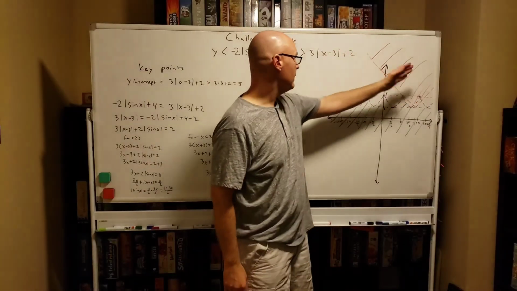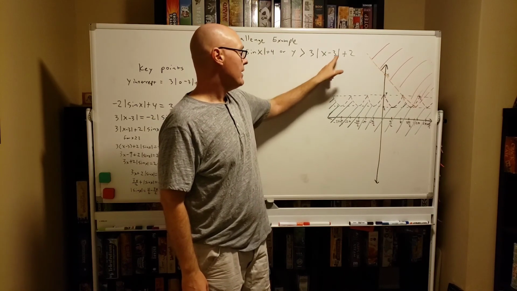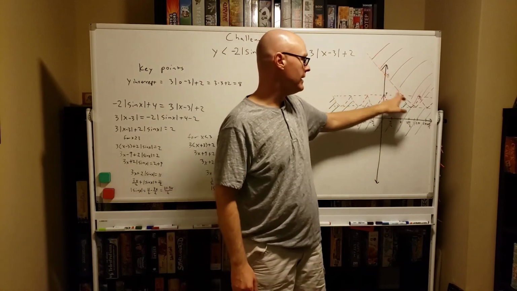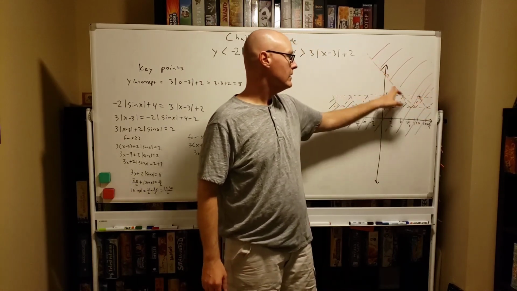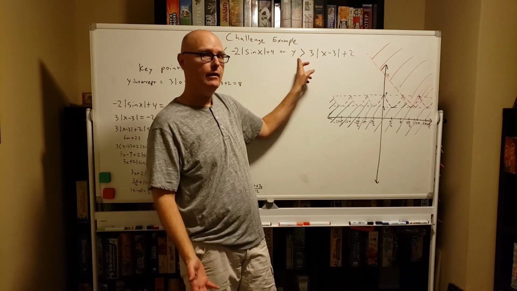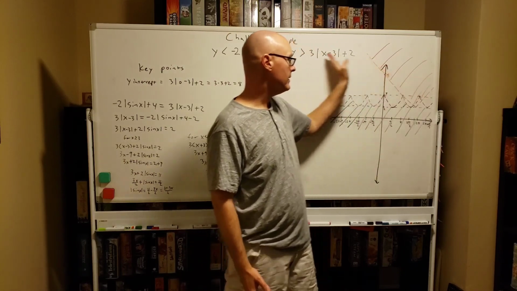We've drawn our function of y is equal to the absolute value of x minus 3 multiplied by 3 plus 2. That is the dotted orange line because y can be greater than this, not equal to though, greater than, according to this.